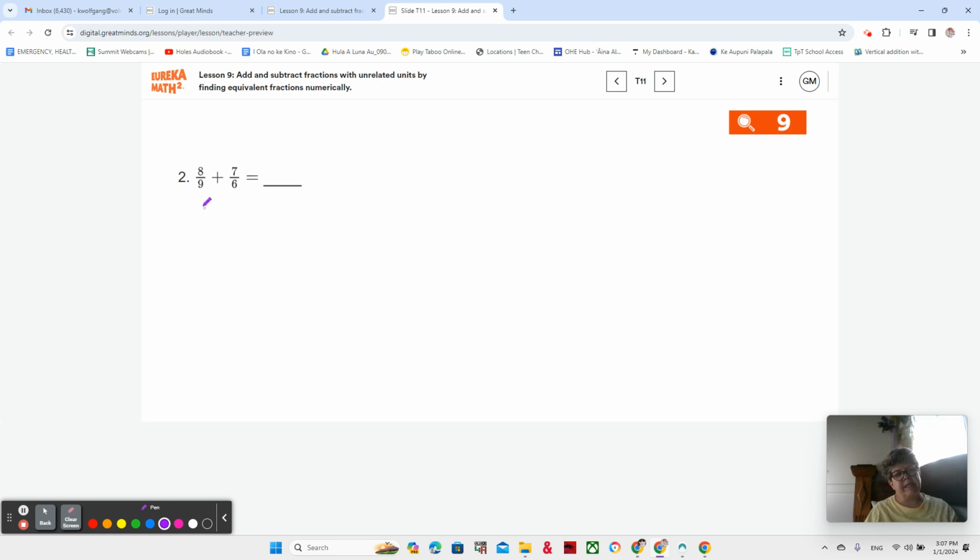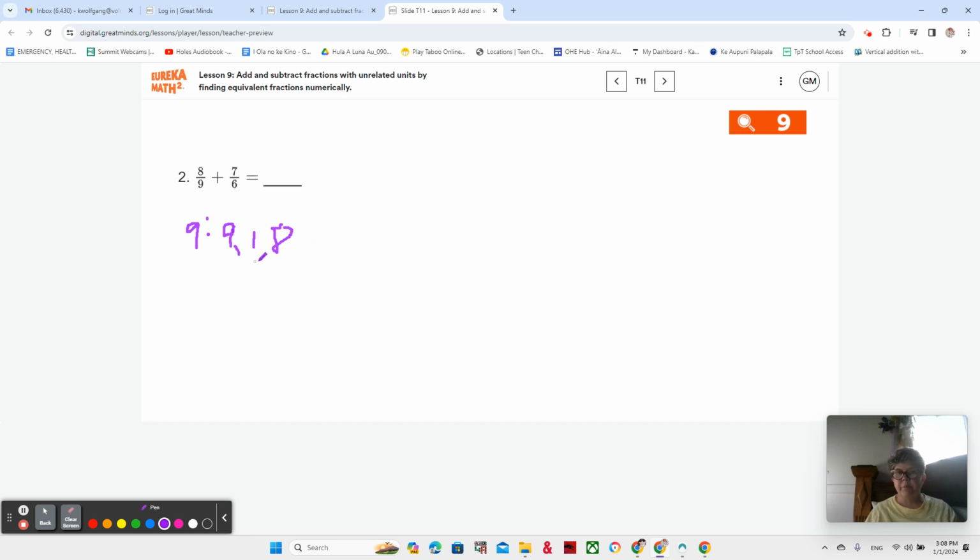9 and 6. I can't multiply 9 by something to get 6. I can't multiply 6 times something to get 9. So let's think about 9s. 9 times 1 is 9. 9 times 2 is 18. Okay, now I've been talking about multiplication facts for a long time.